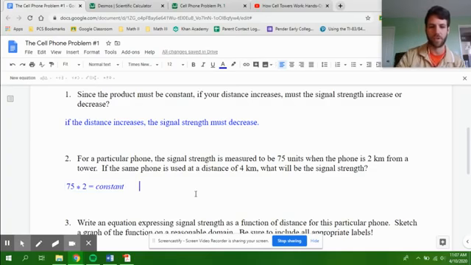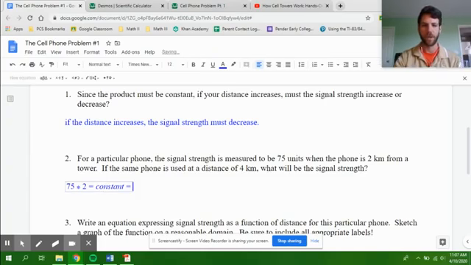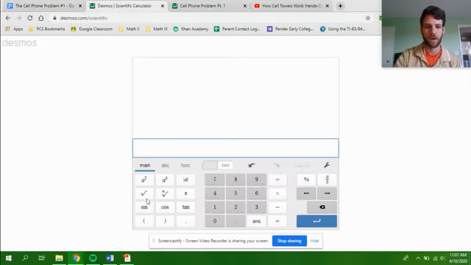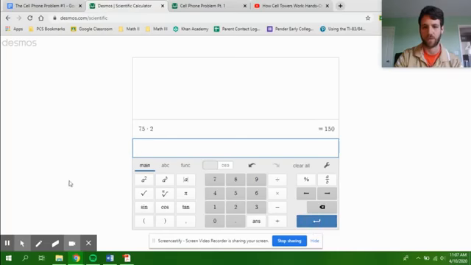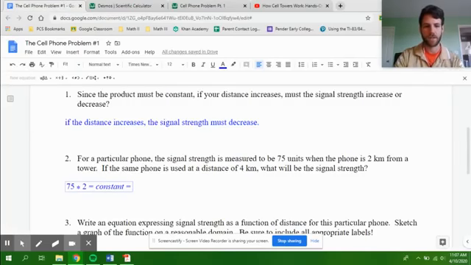On the calculator, 75 multiplied by 2 equals 150.